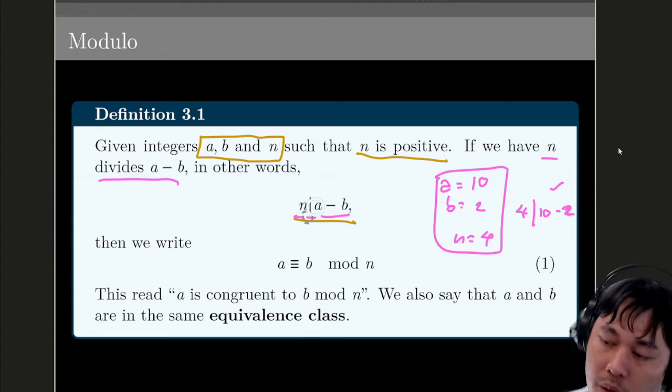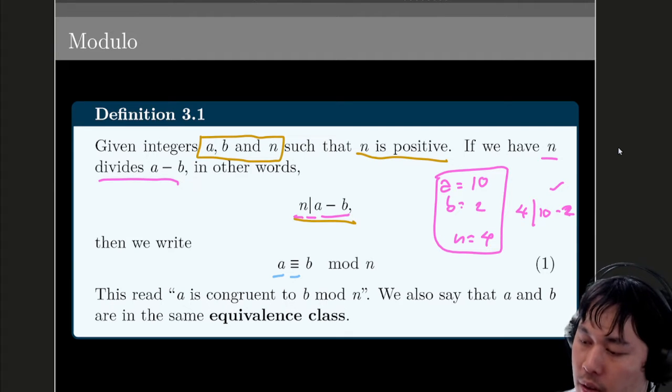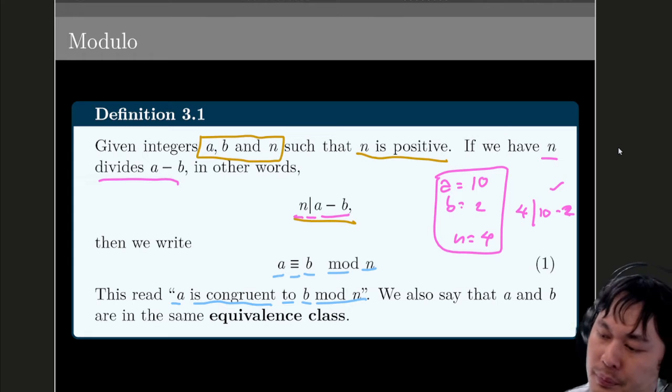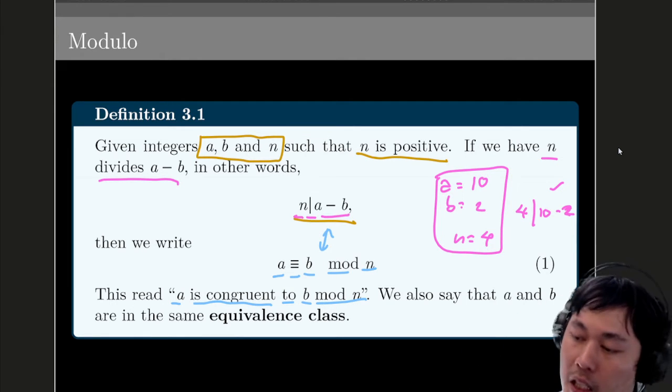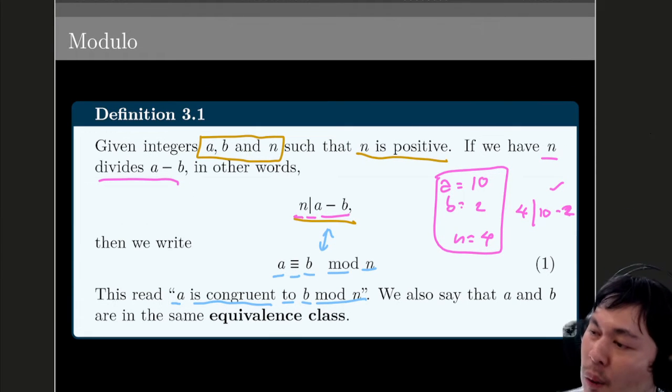And if n divides a minus b, then we say a is congruent to b mod n. A is congruent to b mod n. These two statements mean the same thing. They are equivalent. And that's how we define the modulo.